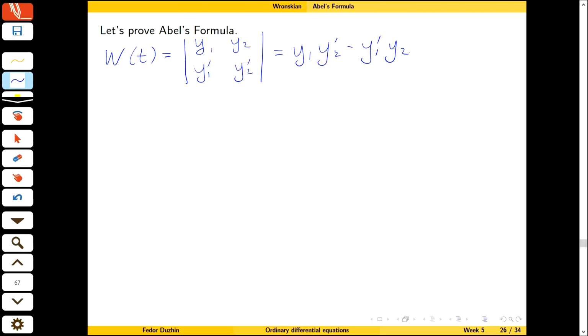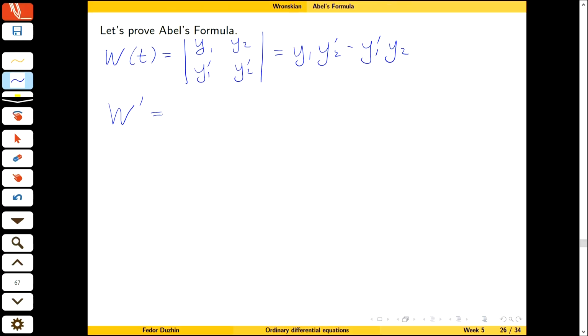Then it happens that in order to prove it, we are also going to need to evaluate the derivative of the Wronskian, right? Because the Wronskian is a function of t. So let me find w prime. I'm going to need to differentiate the expression for the Wronskian.